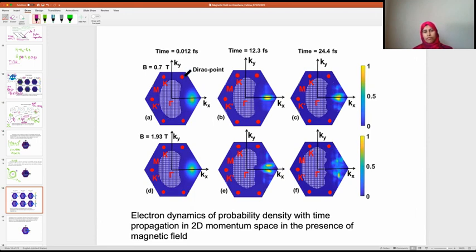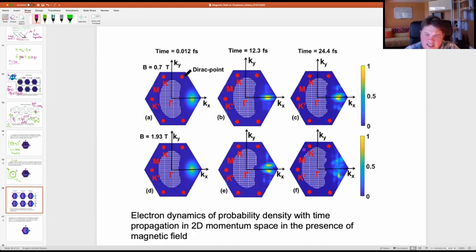Mm-hmm. And just for simplicity, we consider only one Dirac point, but it's supposed to happen from all of these 6 Dirac points. If we consider the motion from all 6 K points, then they should form a cyclotron-like trajectory. Okay.